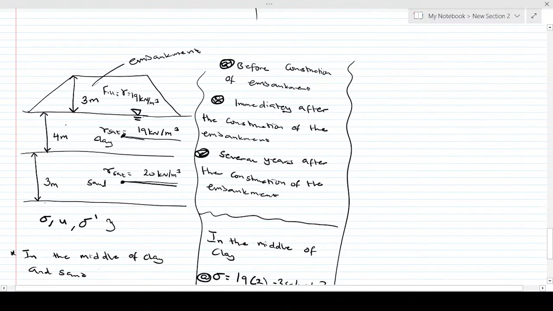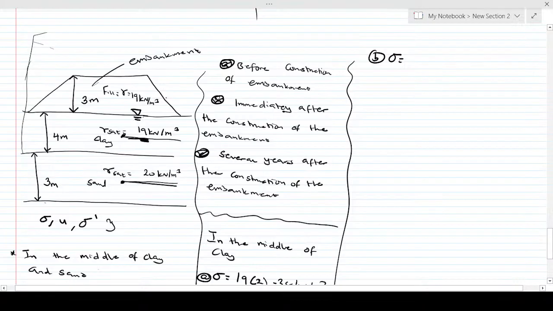So if we want to consider immediately after construction, we are going to consider this whole layer, everything in here. For B, immediately after construction, the total stress is simply from every soil layer above the point of interest, which is the middle of the clay layer.